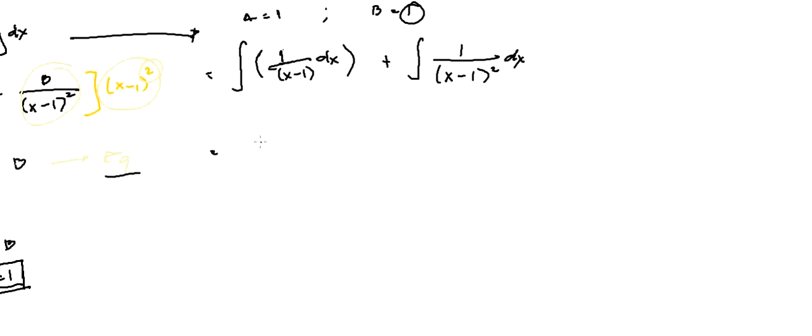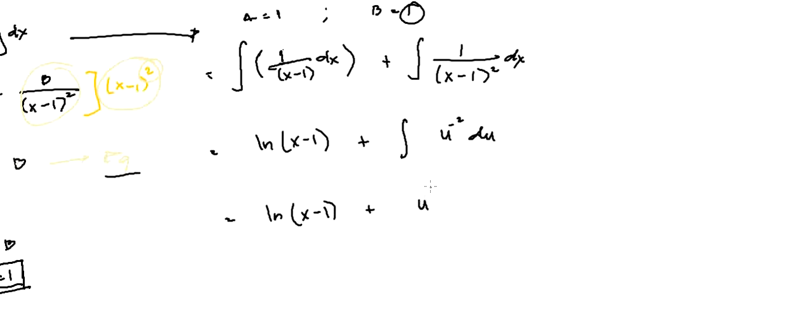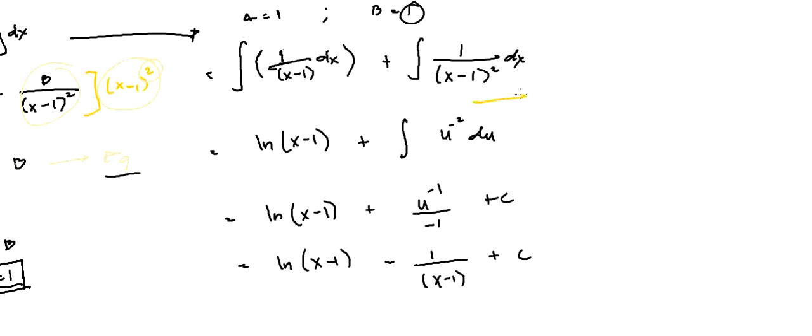So this one is ln of (x minus 1), but here we have the integral of u to the negative 2 du, or u to the negative 1 plus C all over negative 1, which is negative 1 over x minus 1, since our u is x minus 1, then plus C. Okay, so what we did here is that we let u is equal to x minus 1, then our du is dx, right?